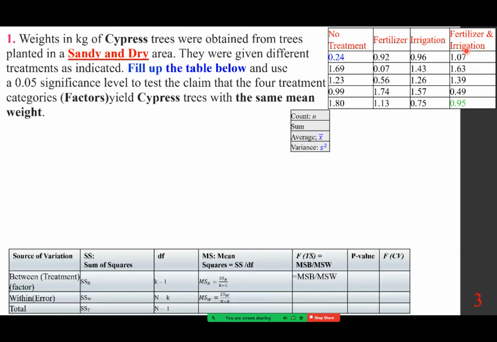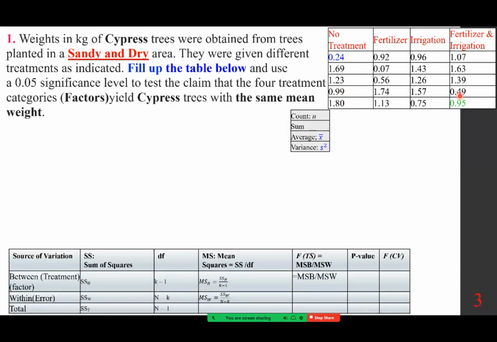So what we need to know, let's look at the count. And of course, 1, 2, 3, 4, 5. Each one is 5. We are going to sum them up. That means we're going to add this. Average: add them up and divide by 5. The same thing, add them up, divide by 5, because n happens to be the same.